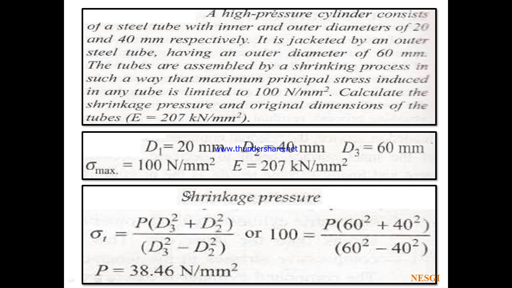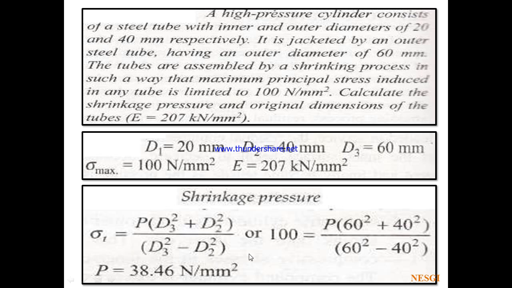So if you want to find the shrinkage pressure, which equation we can use? That is maximum stress induced in the compound cylinder. Because maximum allowable stress is given, we can use the maximum stress equation. So maximum stress, that is tangential stress, is given by P into (D3 square plus D2 square) by (D3 square minus D2 square).